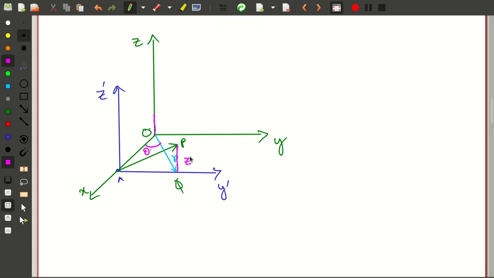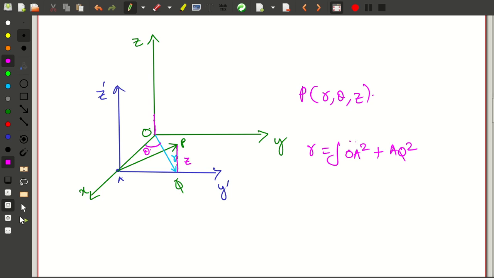We already have z from the Cartesian coordinate system, so this is the same length. All right. So the coordinates are r, theta, and z. Now we have to find r. To find r, you use the Pythagoras theorem. That is the square root of OA squared plus AQ squared. We already know what AQ and OA are.